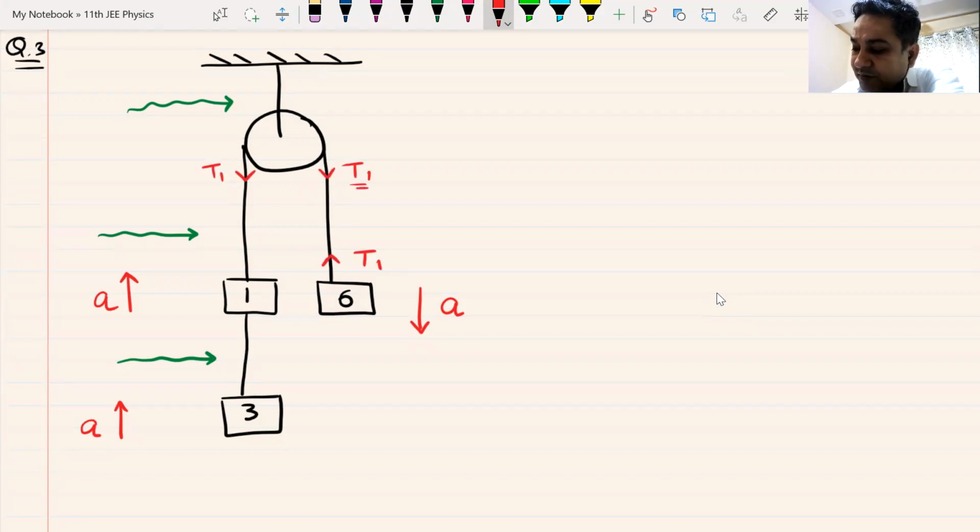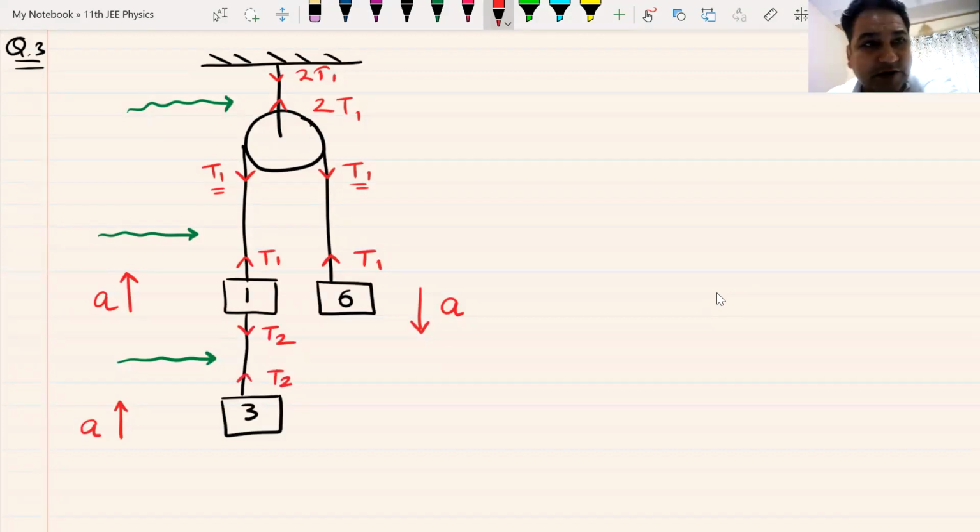If these two are T1, this one becomes 2 times T1. This is upwards T1. Now this is a different string, so T2. I've drawn all the tensions to begin with.